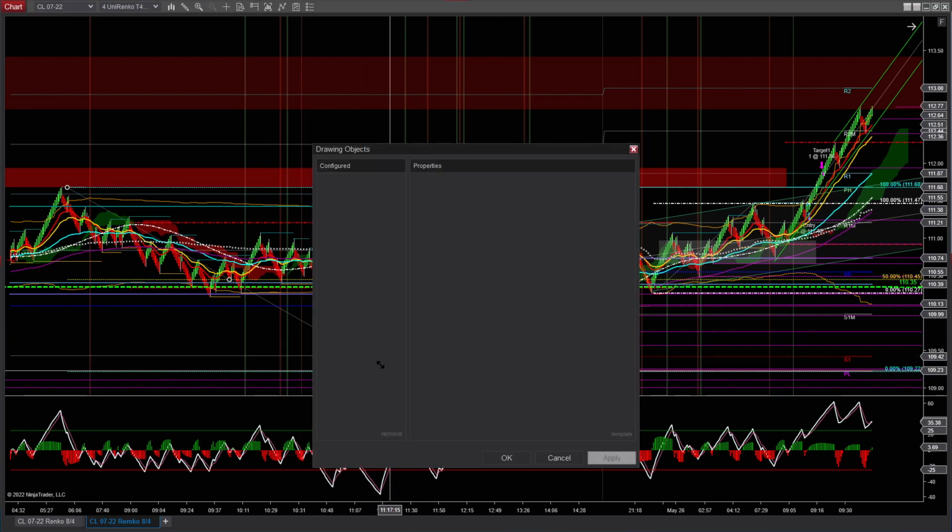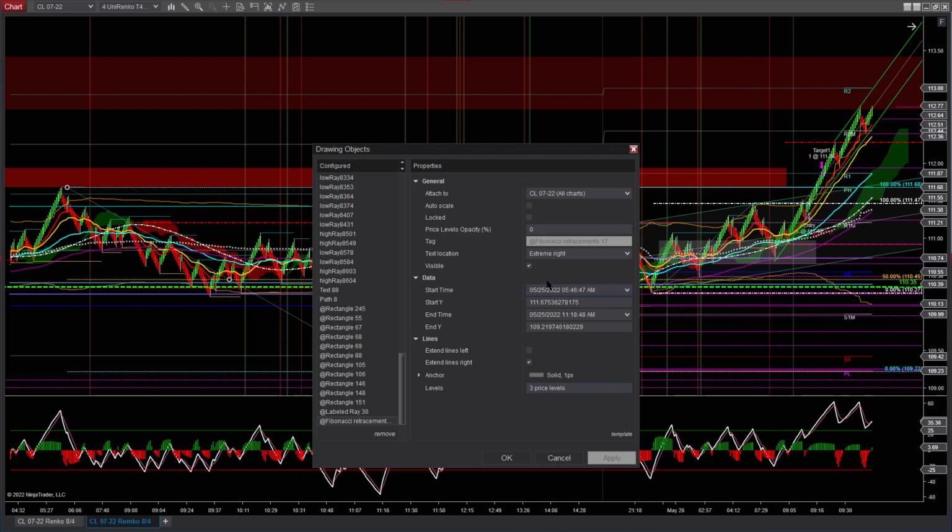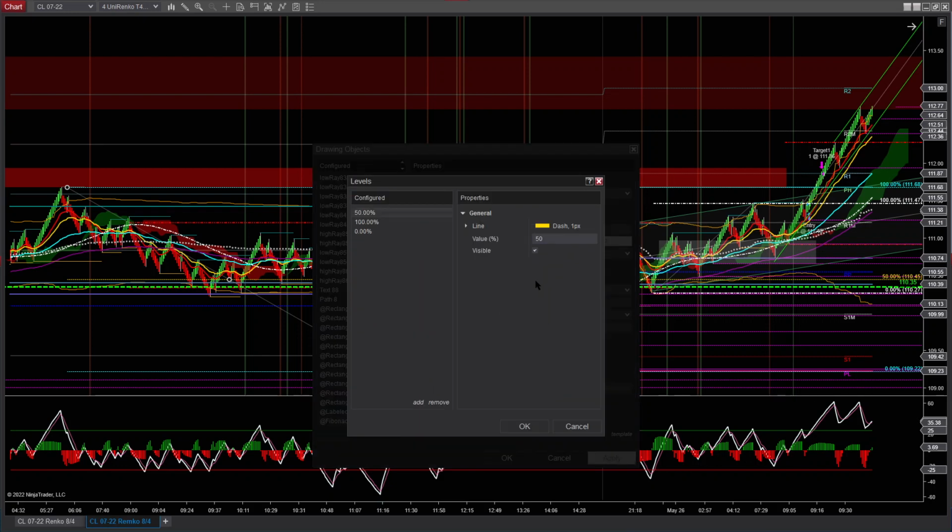So let's open it, and you see the Fibonacci. What I do have are three lines. I marked the one at 100 with cyan color, and the low with cyan color.